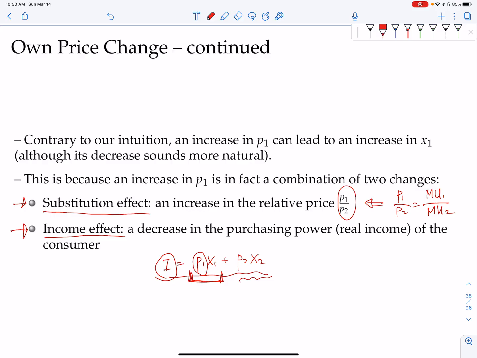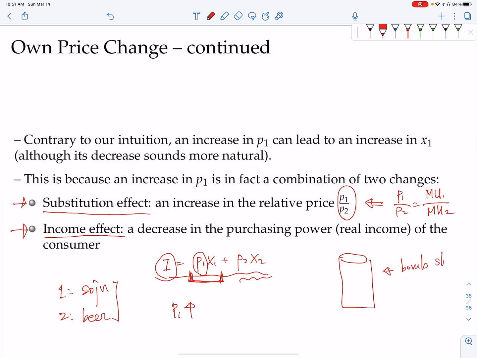All right. So let's be a little bit more formal. Let's say the first good is soju, and the second good is beer. Okay, and you're living on soju and beer, right? And P1 has gone up. So when you make a bomb shot, I'm not sure if this is the official language, but I just made it up. 폭탄주, right?